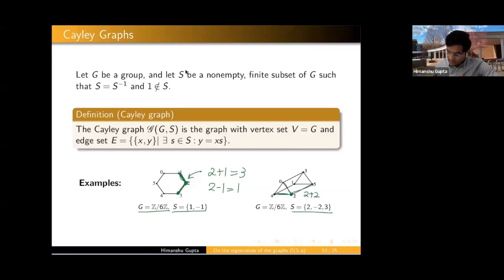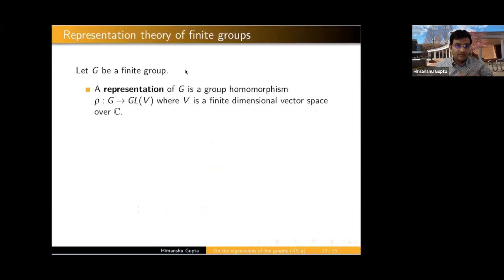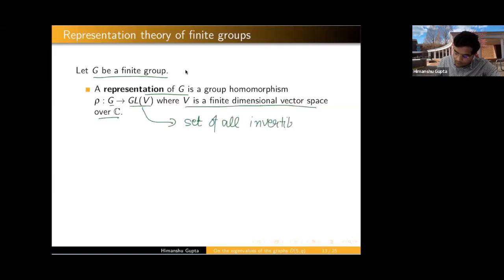Now, once we have a Cayley graph, we can use representation theory to study its spectrum. So let me talk about some basic definitions of representations. So I start with a finite group G. What is a representation? A representation of G is basically a group homomorphism from G to GL(V), where V is a finite dimensional vector space over C, and GL(V) is the set of all invertible linear transformations.